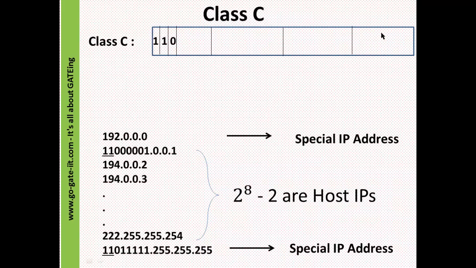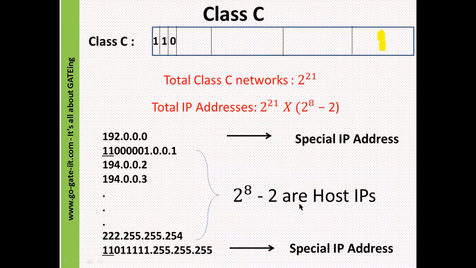As only 8 bits belong to the host IP, we have 2 raised to 8 minus 2 host IPs in class C. So total class C networks we have 2 raised to 21, because these 3 bits are always fixed, and total IP addresses are 2 raised to 21 multiplied by 2 raised to 8 minus 2.